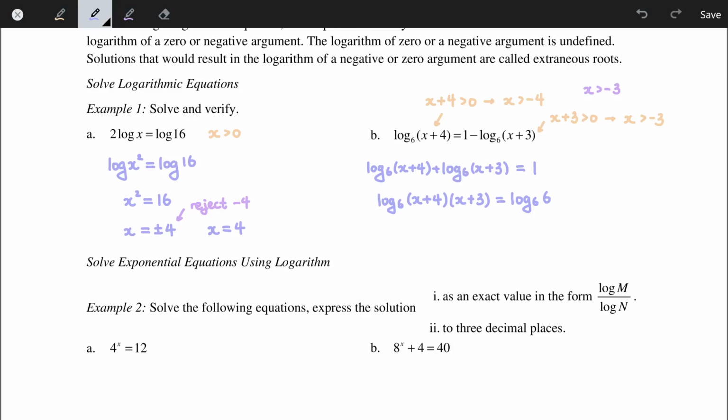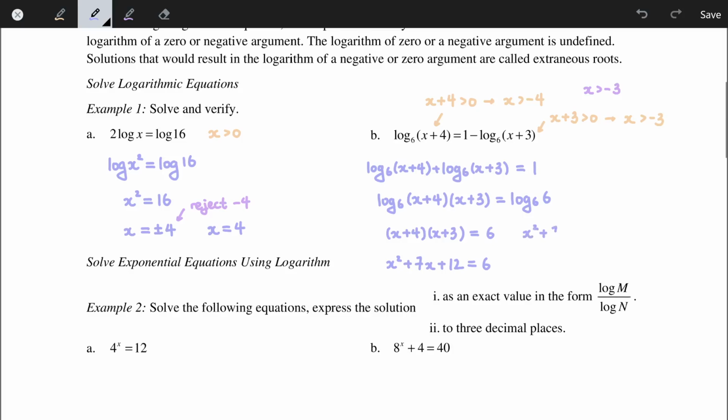So from there, we can rewrite this as just x plus 4 times x plus 3, and it's equal to 6 on the right-hand side. We can now multiply the 2 binomials together to give us x squared plus 7x plus 12 is equal to 6 on the right-hand side. Okay, so this is just a quadratic equation at this point. We can move the 6 to the left-hand side.